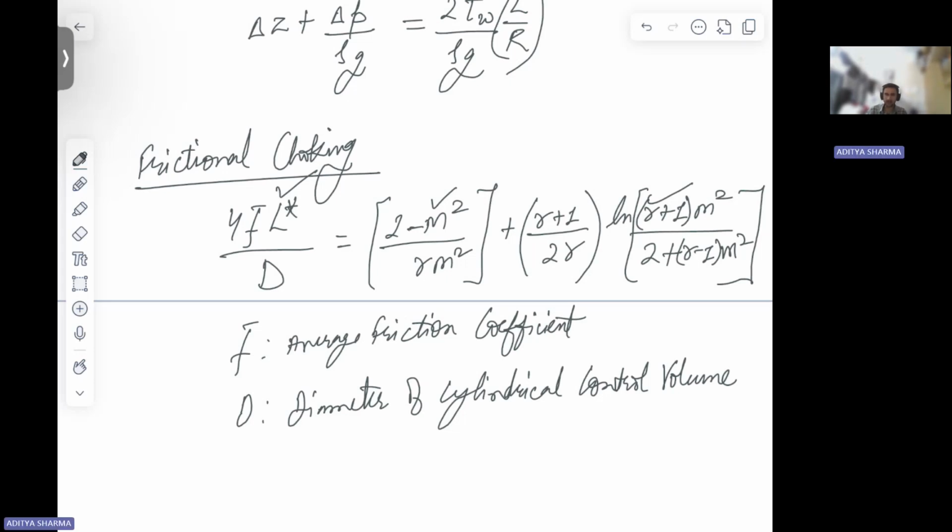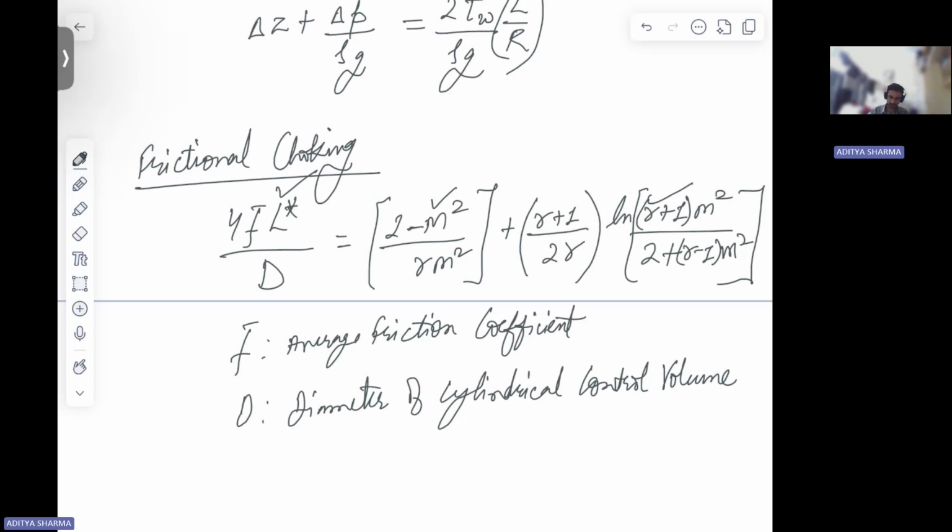So initially you have flow with Mach number M. And then diameter is D of the cylindrical control volume that you are considering. And the frictional effects have been taken into consideration using f bar. In that condition, what length is going to give choking?